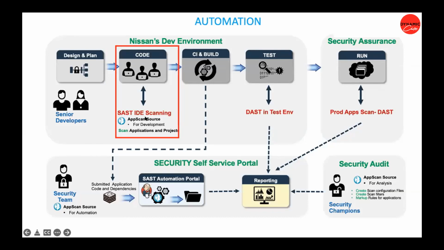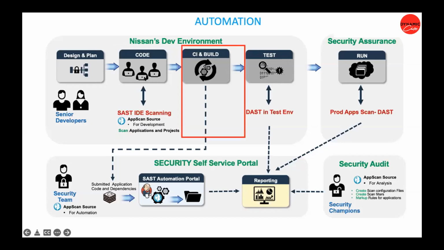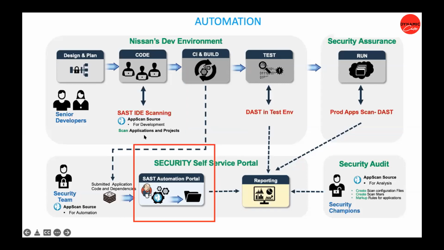Right in his workstation itself, when he wants to send that into the code server, before that, a scan is done. All the vulnerabilities are pointed out to him. He corrects that, and then it moves into the continuous integration, the build server. The moment it comes out here, automatically it is sent there.